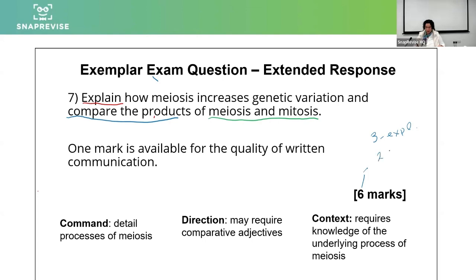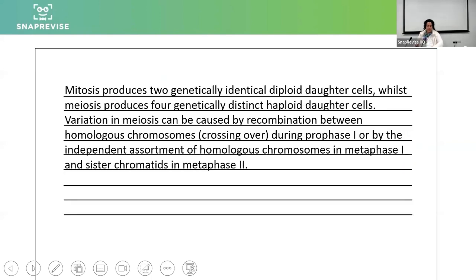About 2 of the marks are going to contrast the products of each one of mitosis and meiosis. And then finally, of course, 1 mark goes for the quality of written communication, the QWC. Sometimes these are abbreviated in the mark scheme for examiners. So let's see the answer together.